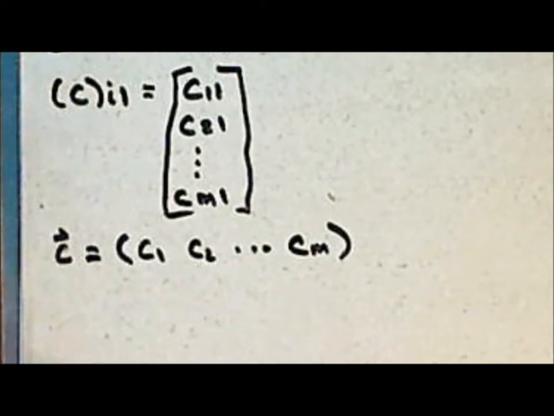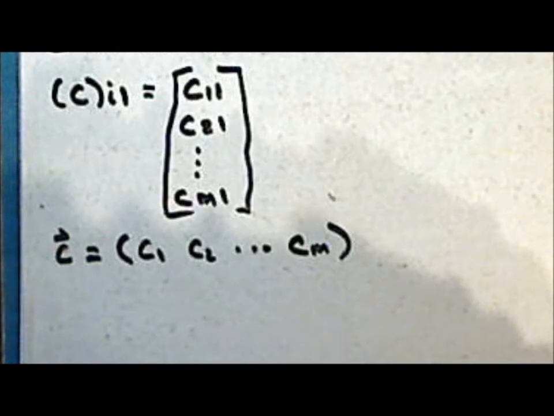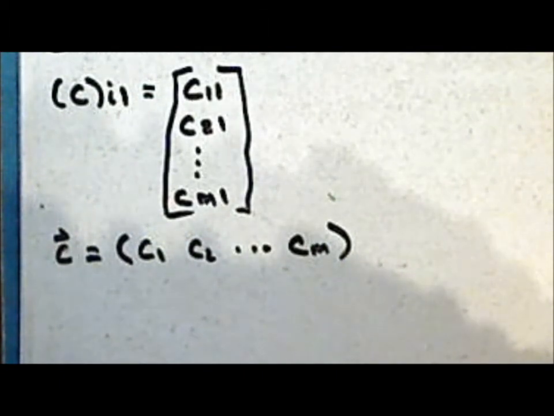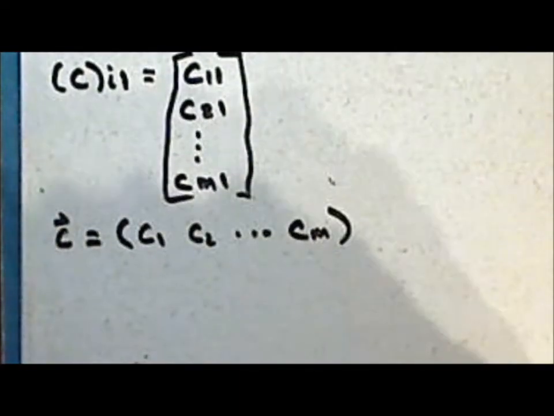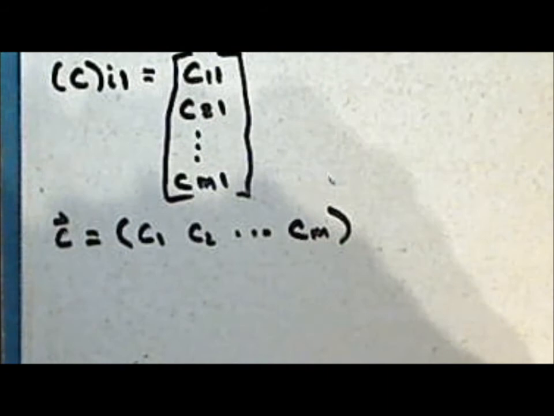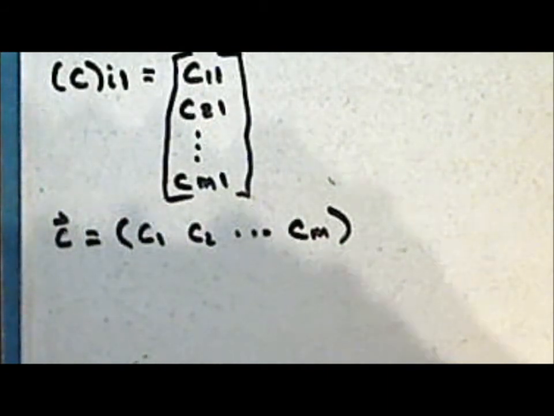So in the next lecture, we will look at vectors as mathematical objects distinct from matrices and develop the theory of vectors. And we'll begin to look at vector spaces and the notion of an algebraic extension.